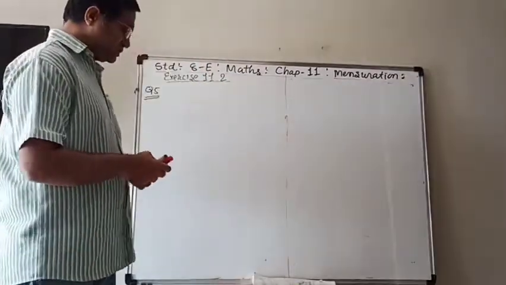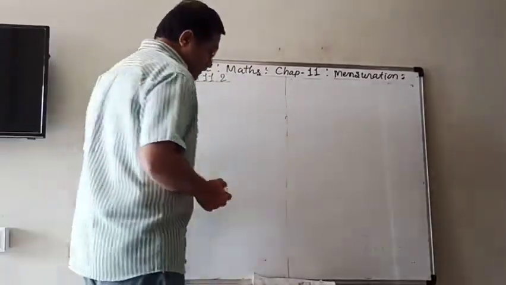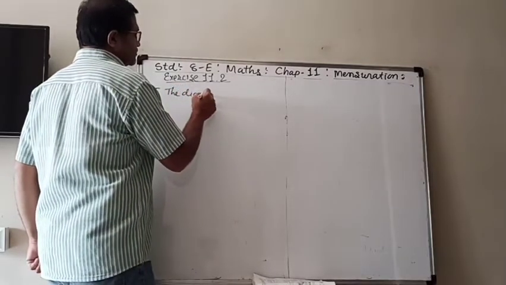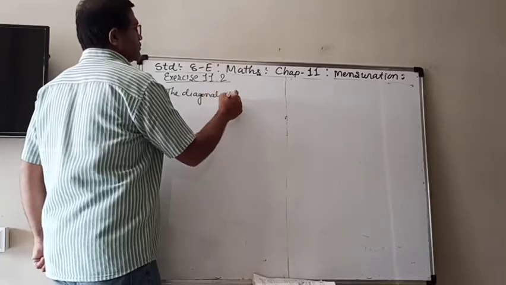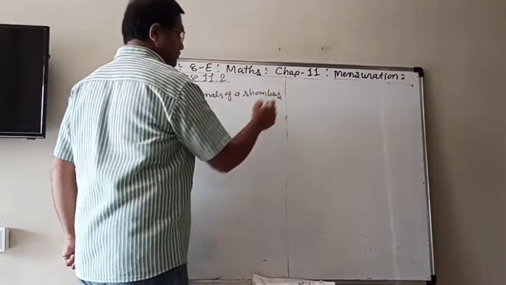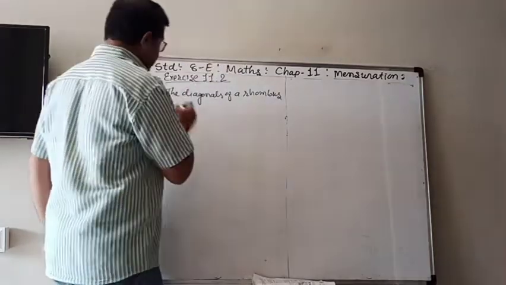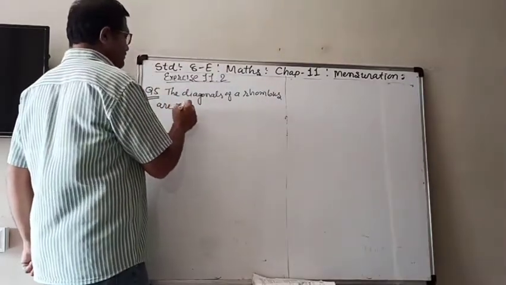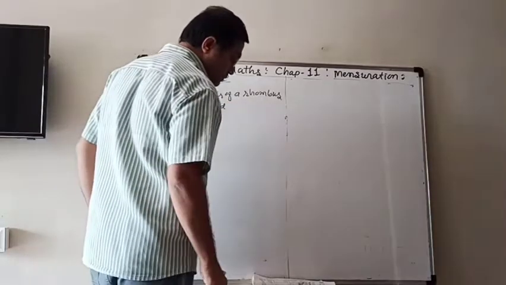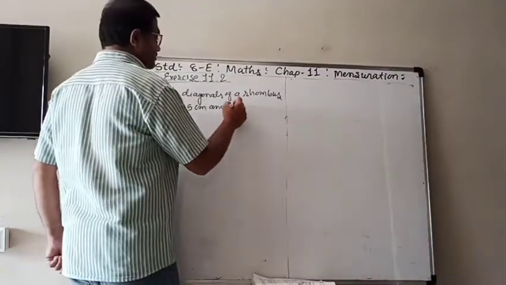Now the fifth question. The diagonals of a rhombus are 7.5 centimeter and 12 centimeter.